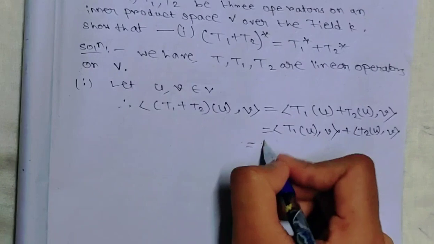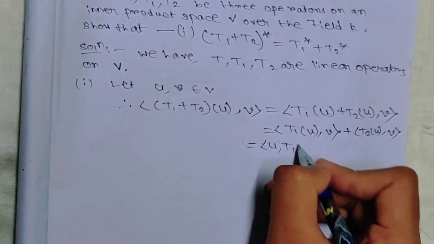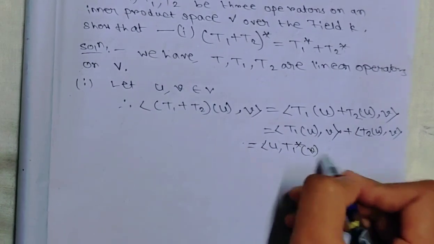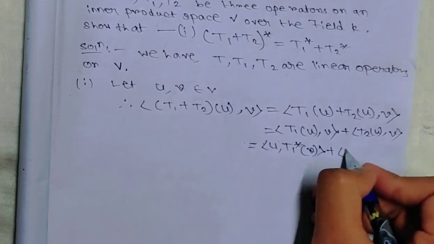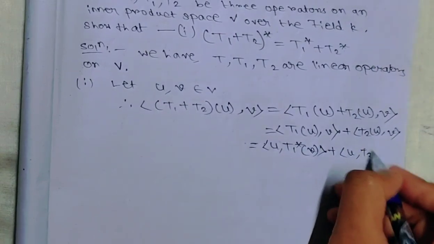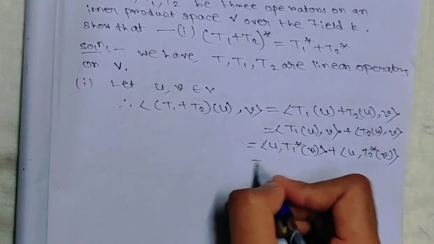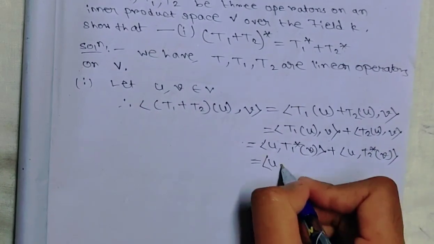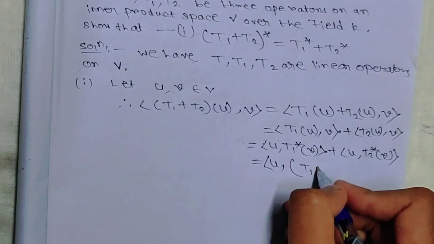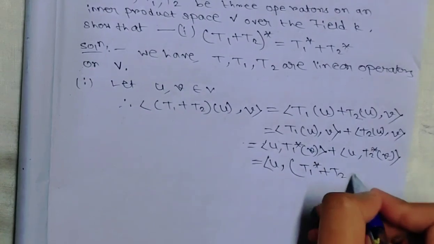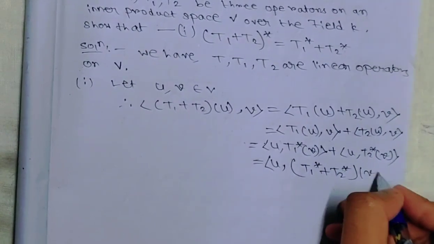That equals u, T1 star of v plus u, T2 star of v. That equals inner product of u, (T1 star plus T2 star) of v.